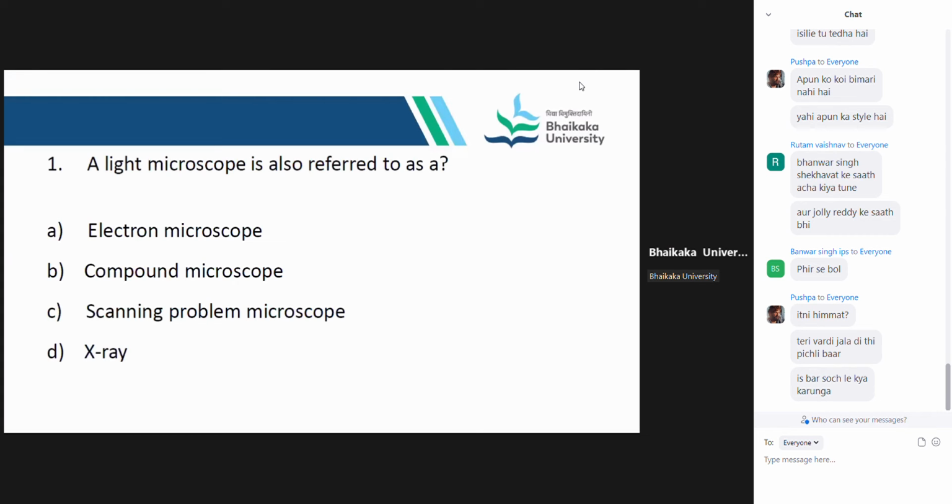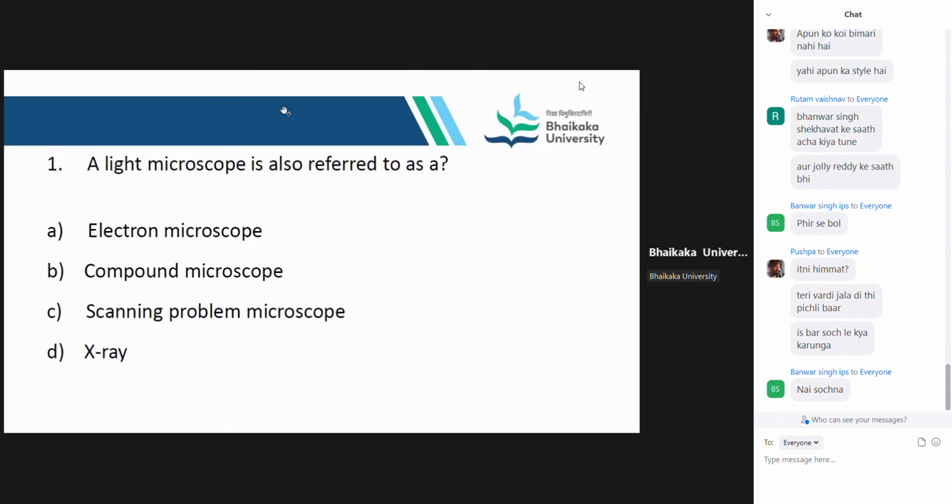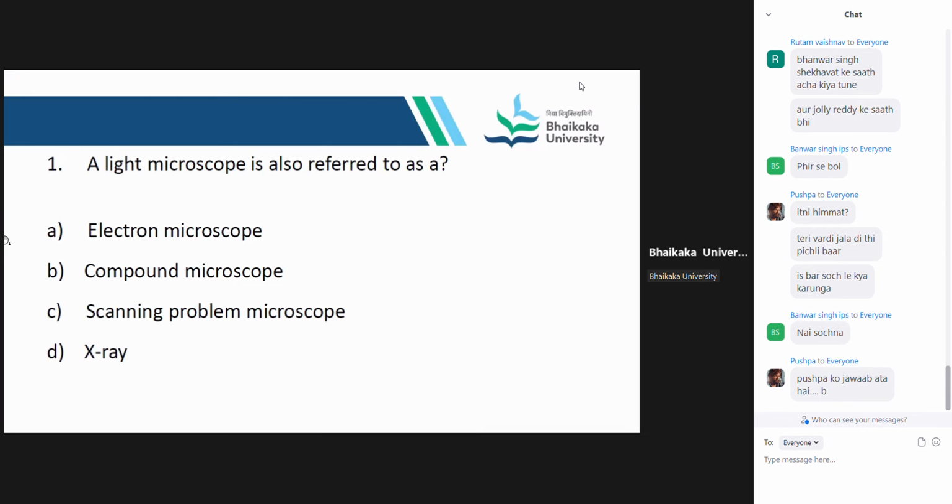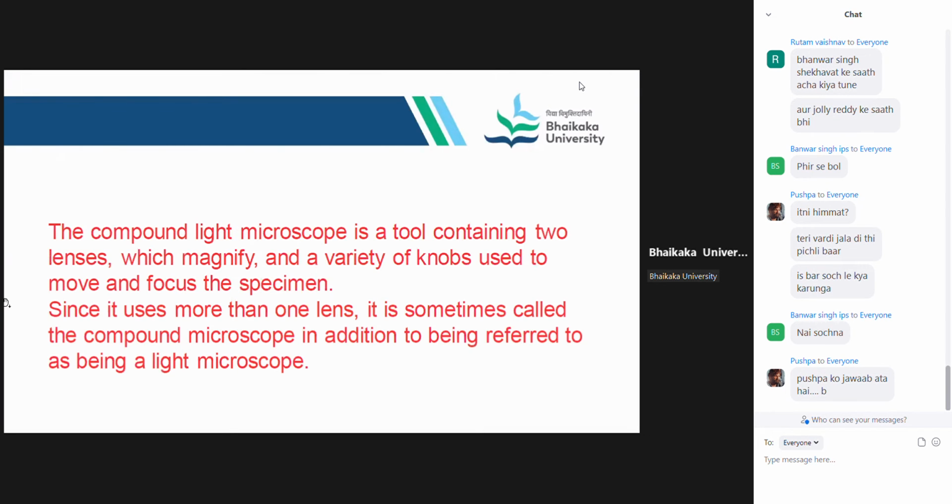First question, a light microscope is also referred to as... Now we will proceed with some of the questions.